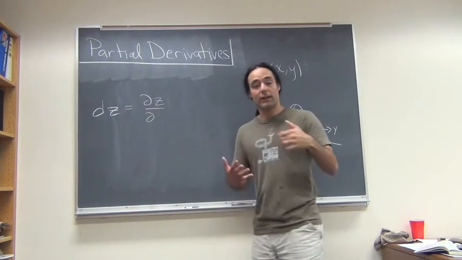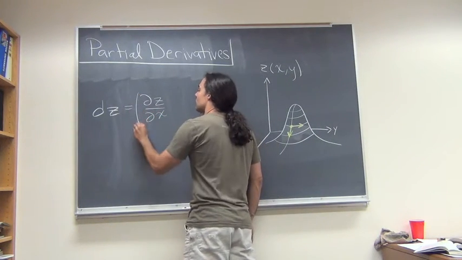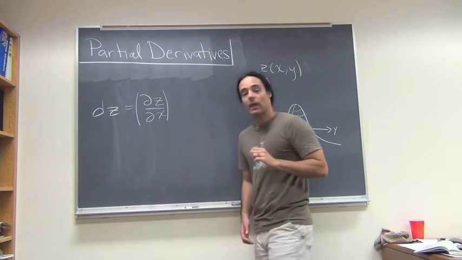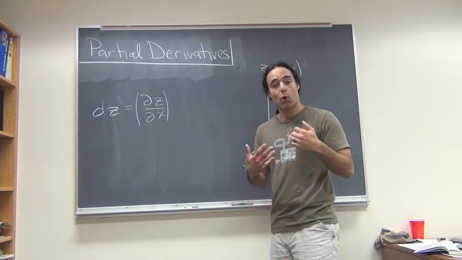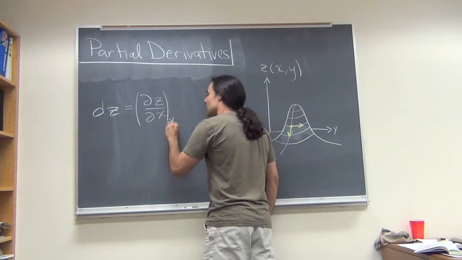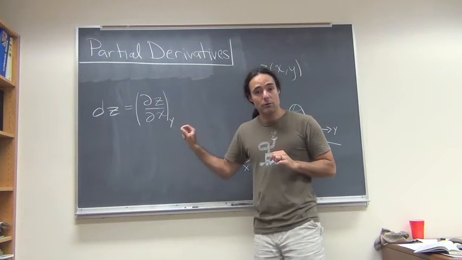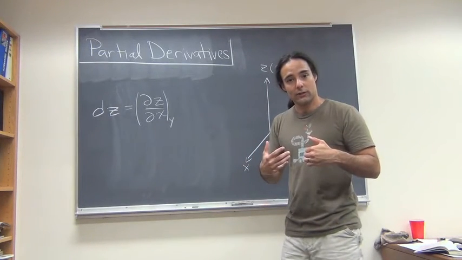Notice I have a funny looking curly d there. That's the partial derivative. And I want to denote that I am holding y constant. So I'll write that as ∂z/∂x at constant y. The subscript y tells me that we're holding y constant.